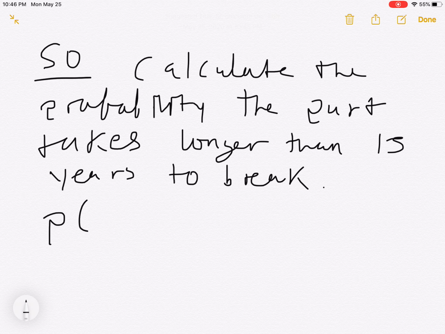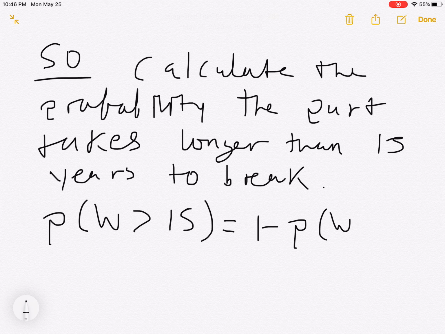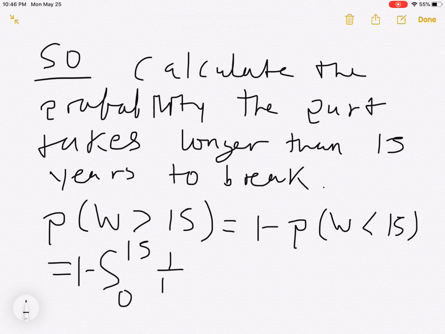We're asking the probability W is bigger than 15, and that's going to be 1 minus the probability W is less than 15, which we can integrate, and we'll do 1 minus the integral from 0 to 15 of 1 over beta, so 1 over 12, times e to the minus W over 12 dW.